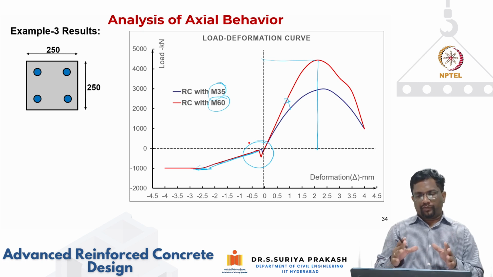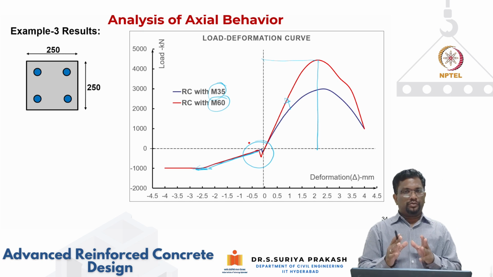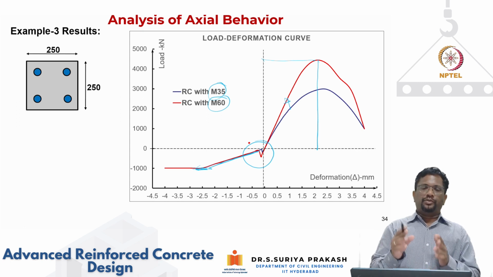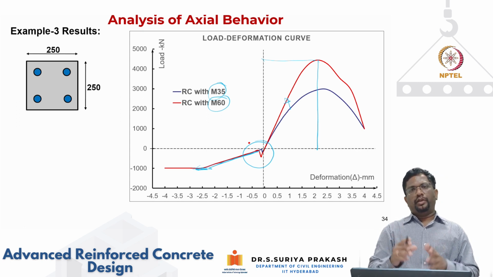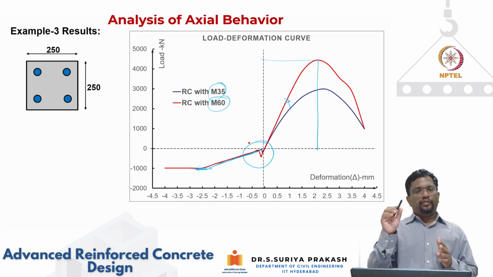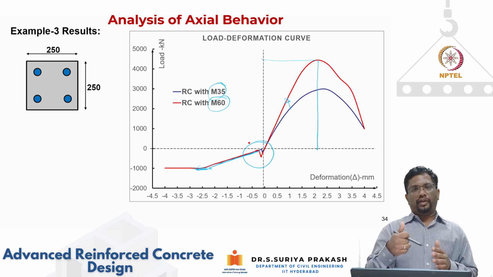So, in summary, if you want to improve the performance in pure compression, you should be very careful about your concrete properties. Steel will help a little bit, but not much. But in tension, concrete strength will help only in increasing your first cracking.